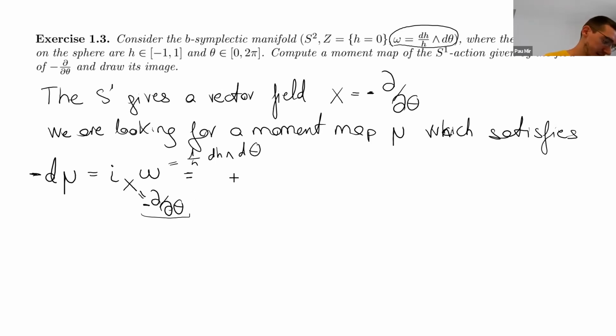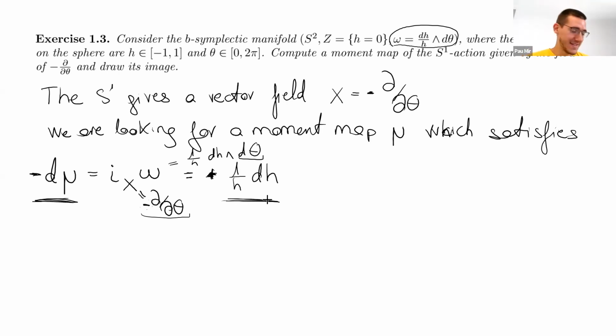Since there's a change of sign because d theta is the second element in the wedge product, we obtain now a plus because it cancels with this minus here. So we obtain a plus 1 over h dh, and we need a mu which satisfies this equality.